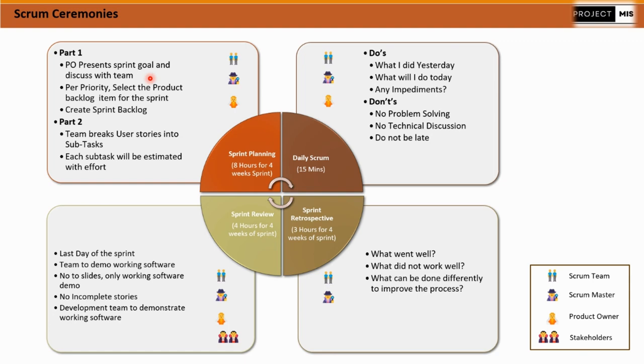When we are having the call, the product owner will talk about the objective of the overall development, and based on his communication with the customer, he will prioritize what he wants to develop in the next sprint.